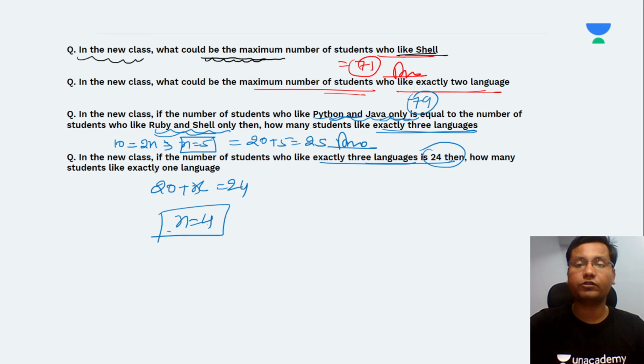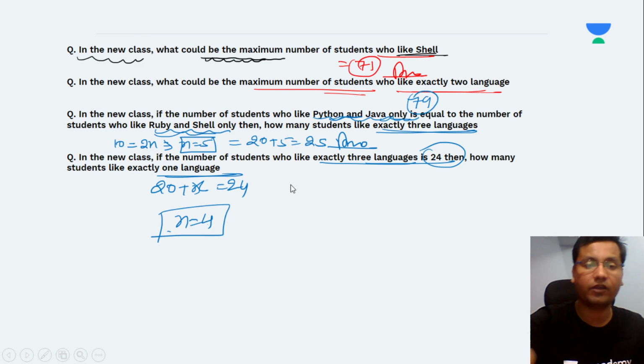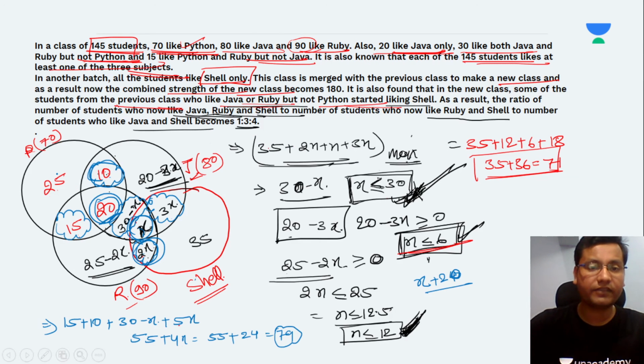And once x is equal to 4, how many students like exactly one language? We have to find exactly one language. So, look at which ones: this is 25 exactly one. 25 plus 35, so I'll write it here.